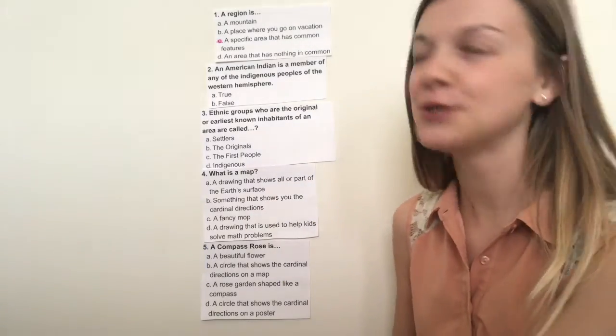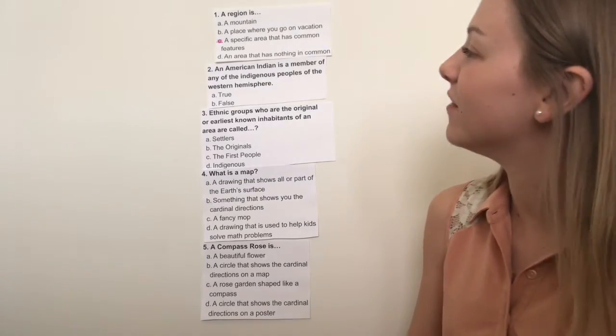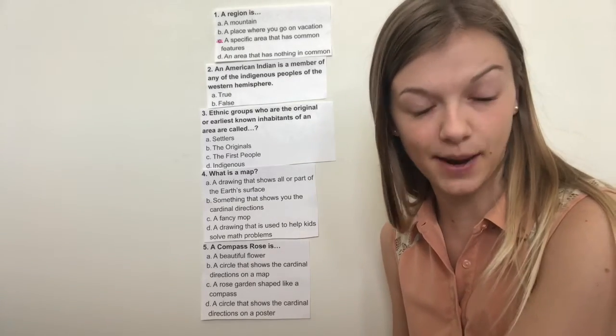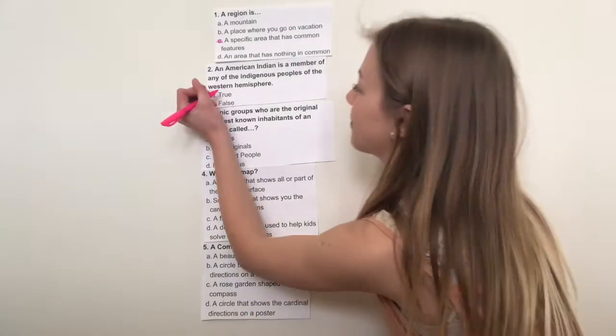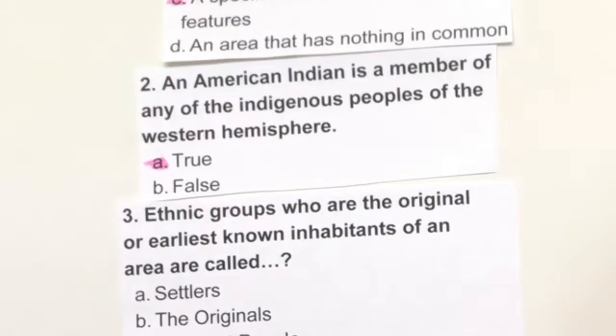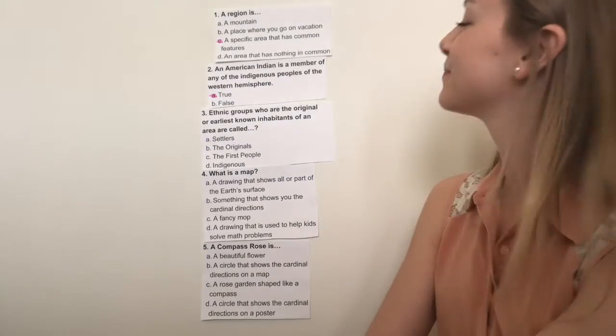Okay, question 2. An American Indian is a member of any of the indigenous peoples of the Western Hemisphere. So this statement is A, true. Okay, so you are doing great. All right, number 3.